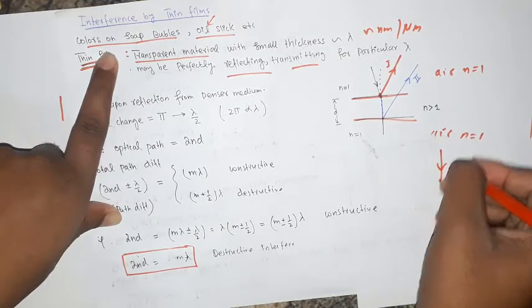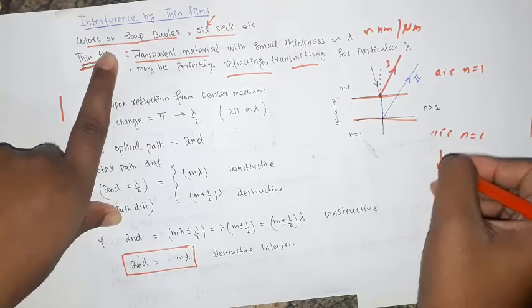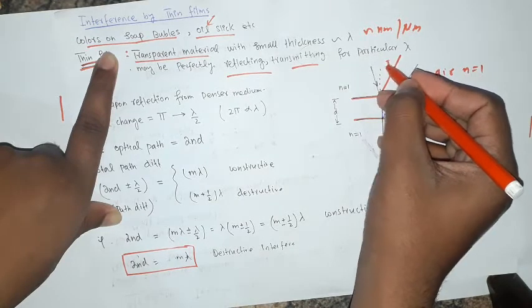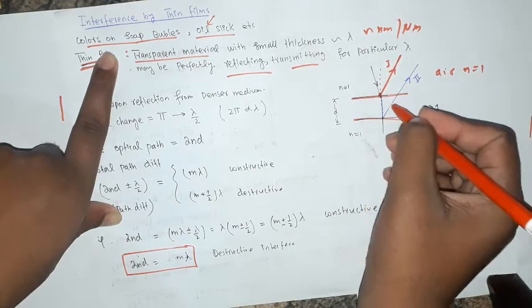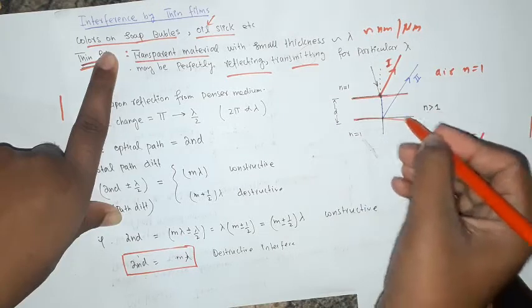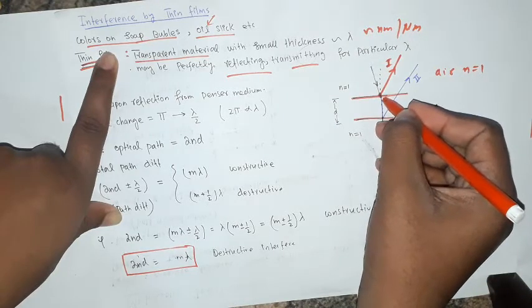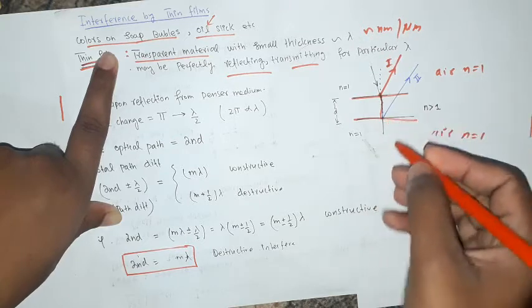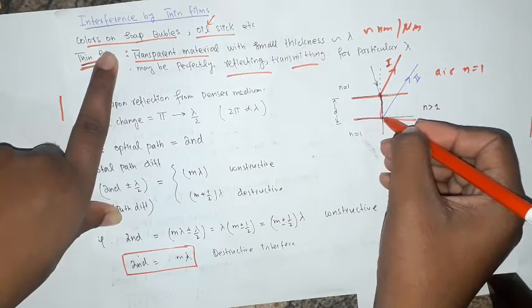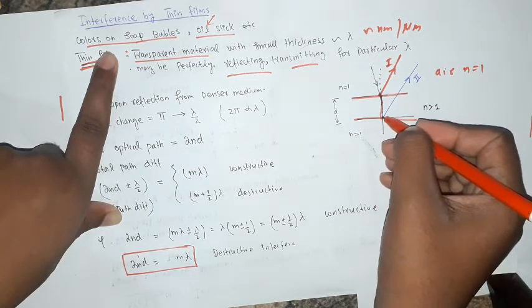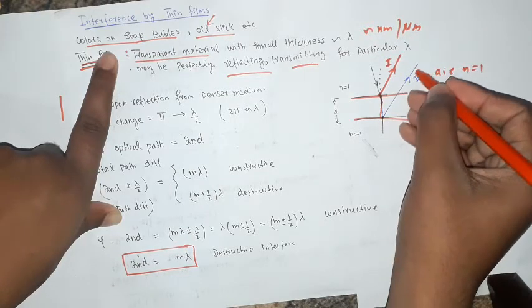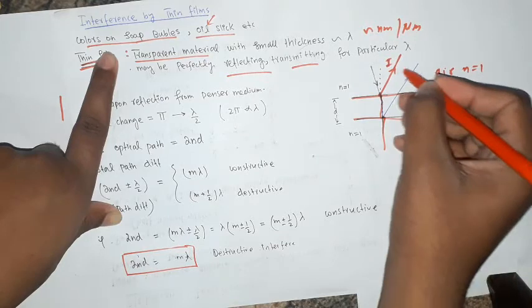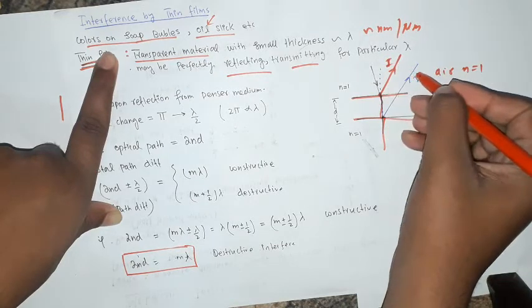I name this part 1, while the other part will be transmitted into this medium. Again at the boundary on the other side, part will be reflected from this boundary while the remaining will be transmitted. So this is wave 1 and this is wave 2.